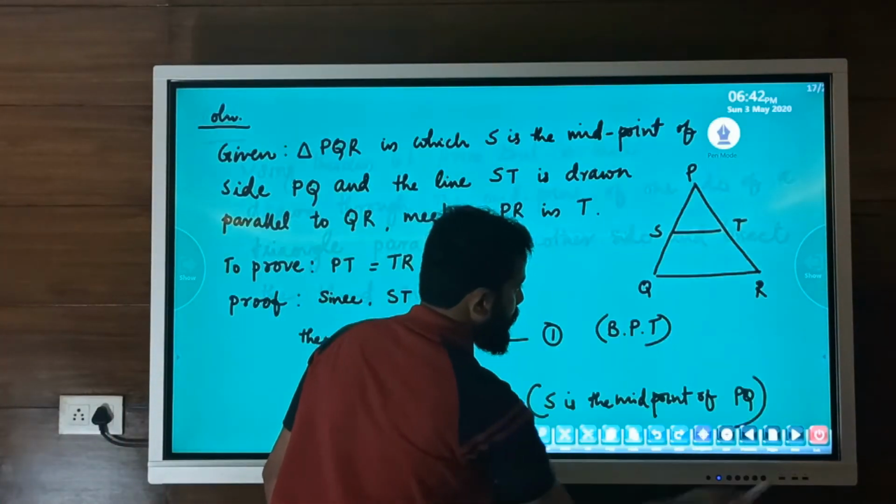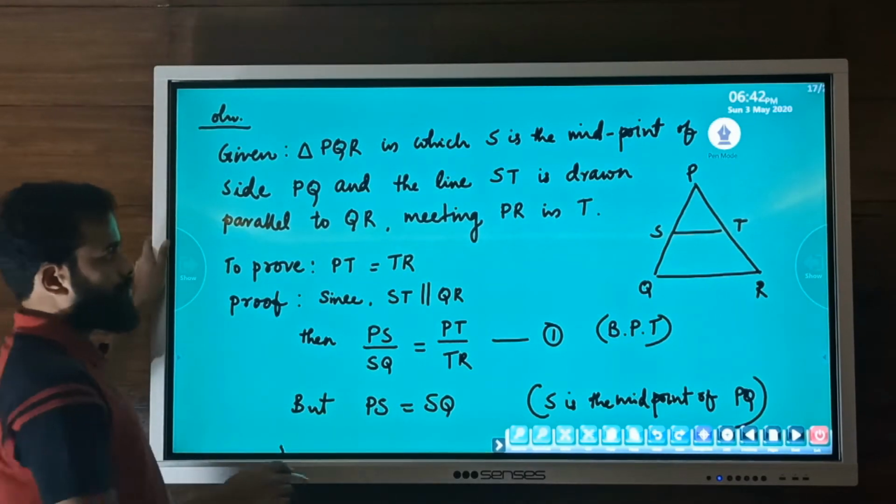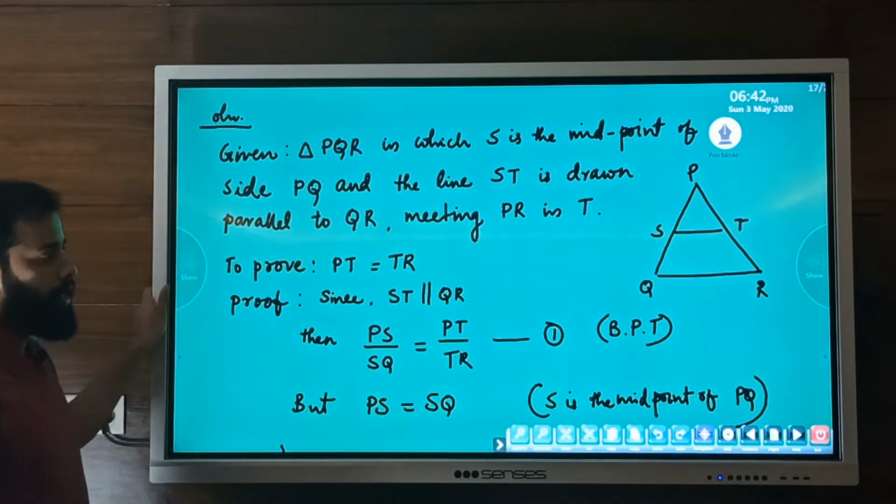Given a triangle PQR, by the midpoint theorem, a line drawn through the midpoint of one side of a triangle and parallel to another side bisects the third side.